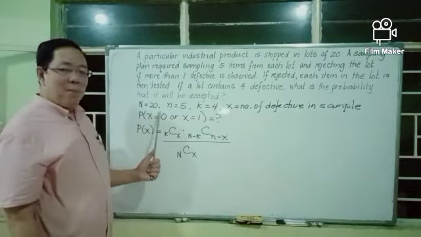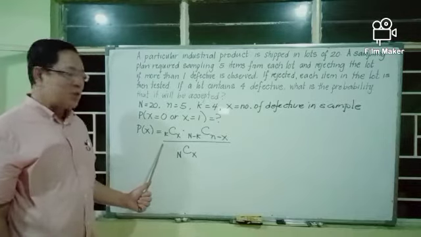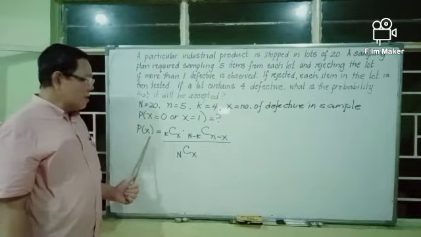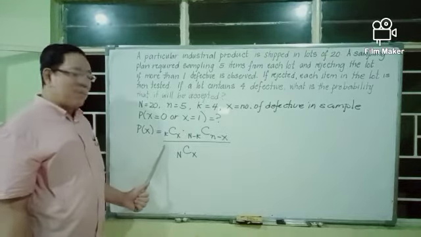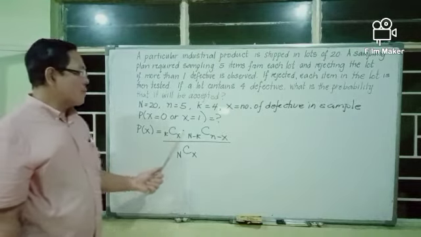And because the sample size is small, we use the hypergeometric probability distribution, where the probability of the discrete random variable x is given by this formula, where k is 4.